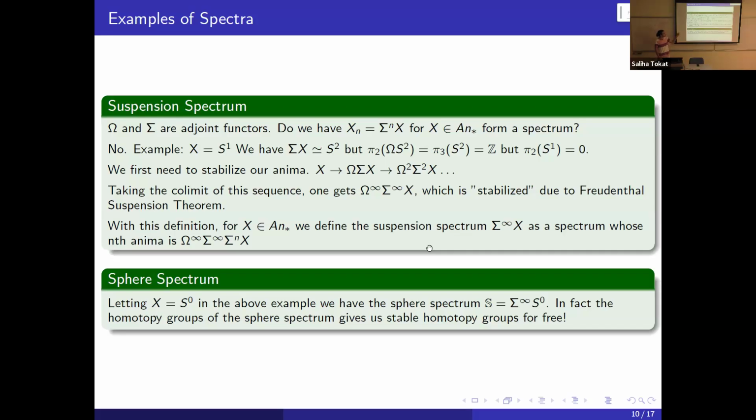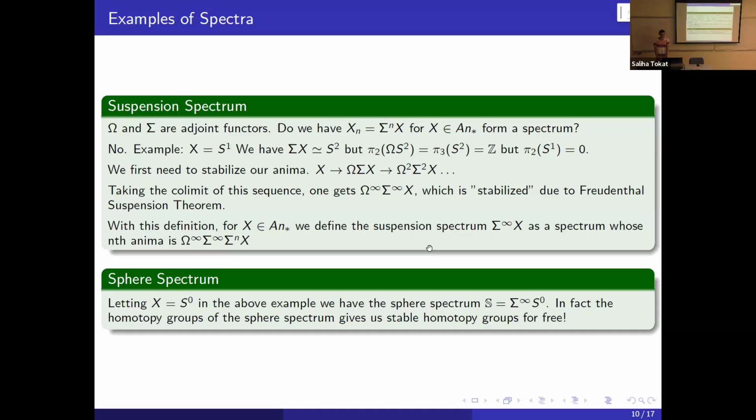For example, by taking X to be S1, we can take the suspension of X, which is equal to S2, and calculating the second homotopy group of the loop space of S2, which is equal to the third homotopy group of S2, and this is equal to Z. But unlike Z, the second homotopy group of S1 is equal to 0. So these two constructions are not homotopic.